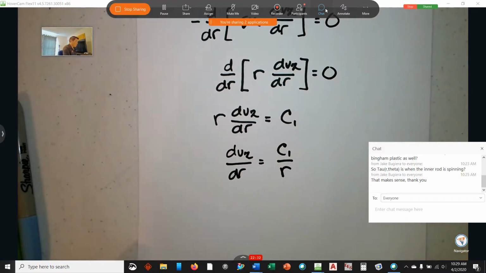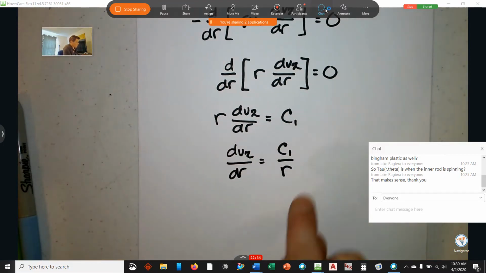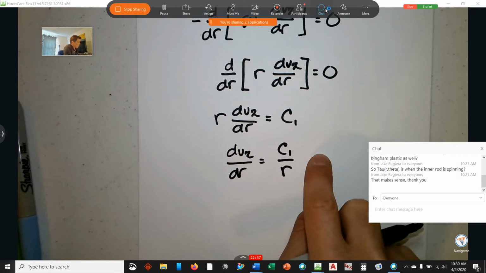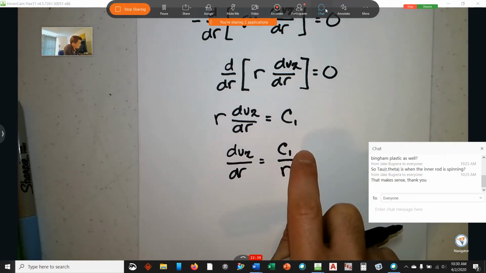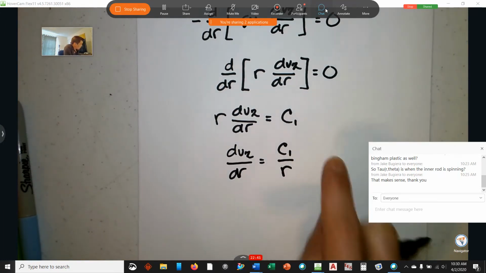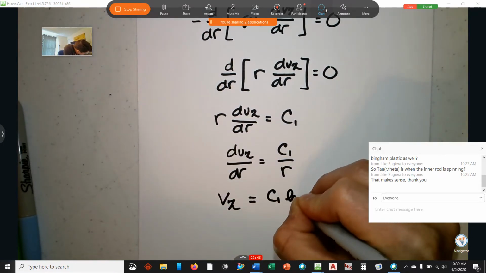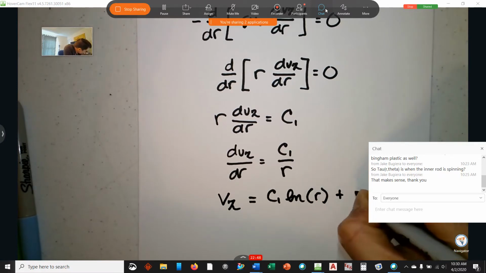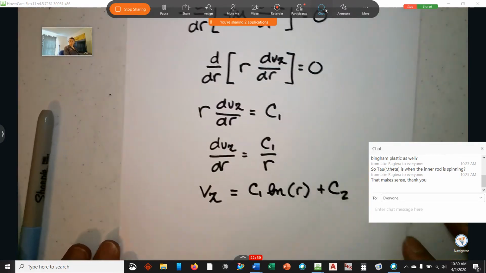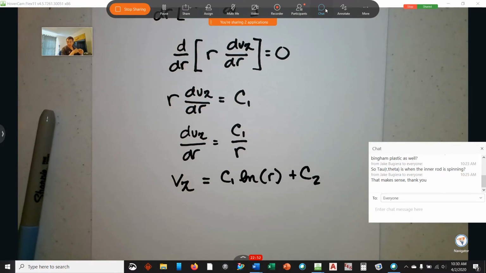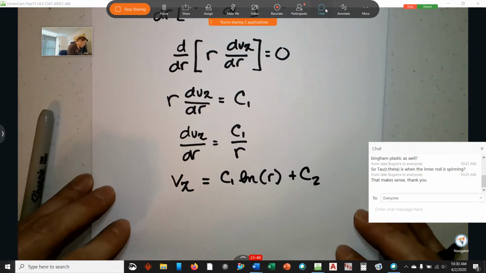And if I take one more antiderivative, if I separate this, I can say this is c1 natural log of r plus c2. All right, and so there is our velocity profile. We'll need to choose a couple of good boundary conditions, and we'll be able to figure out what these integration constants are that we introduced here.